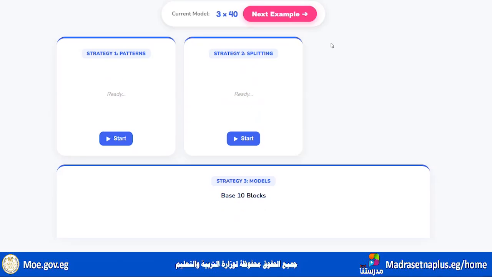Another example, 3 times 40. By using patterns, 3 times 4 equals 12. What about 3 times 40? It will be 120. Great.